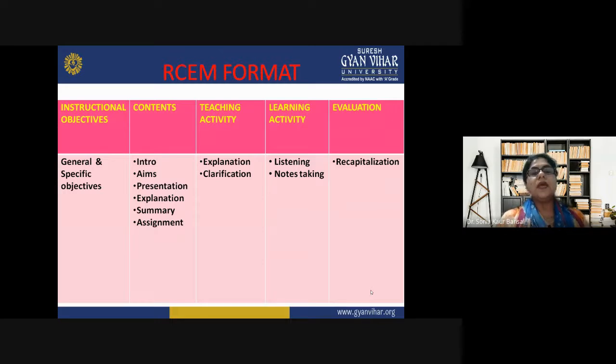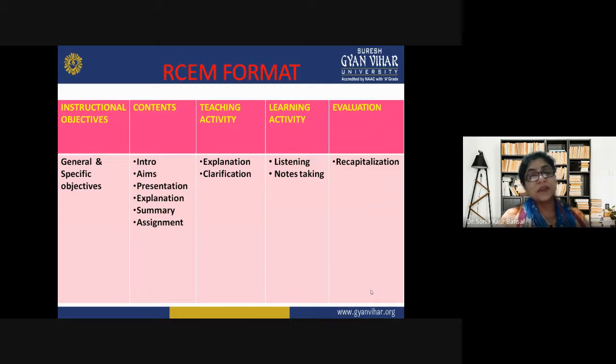All right. Then the second column is related to contents. You are writing here introduction, aim. Introduction is related to your introductory questions. Then aims, what you have decided for today's class. Then presentation, what are the steps you are going to follow. Then explanation, then summary, assignment. Then teaching activity, explanation, clarification.